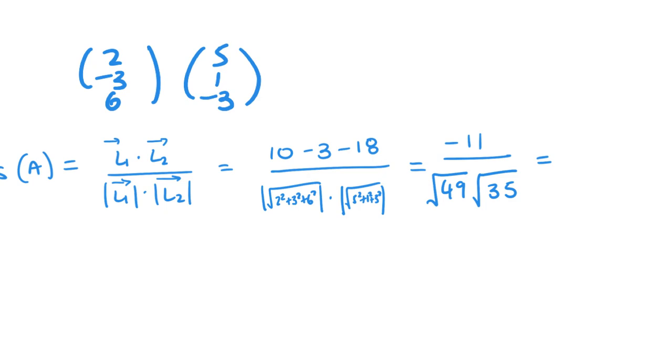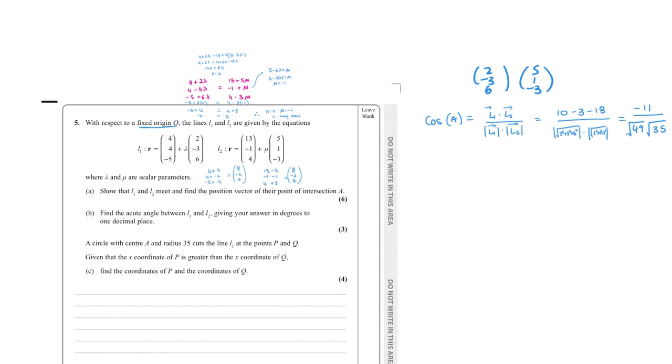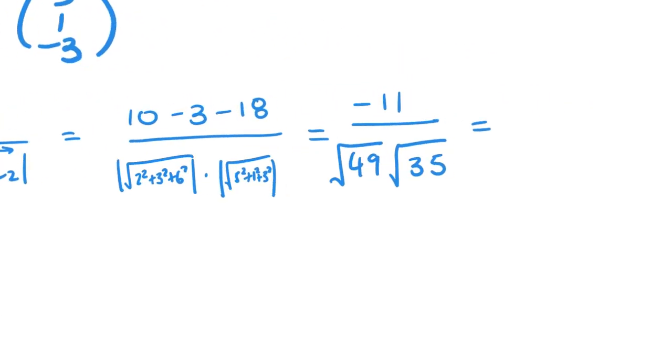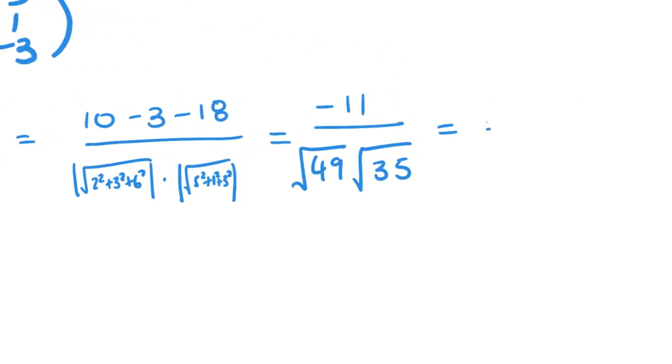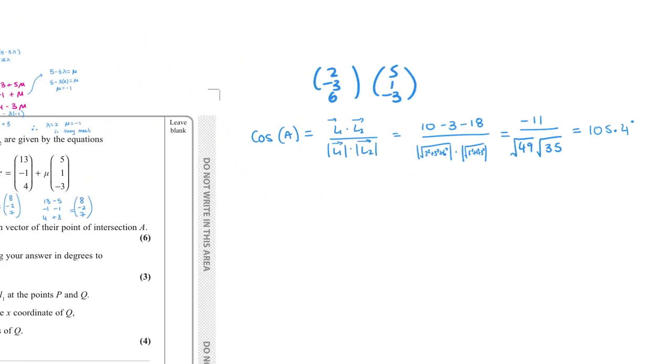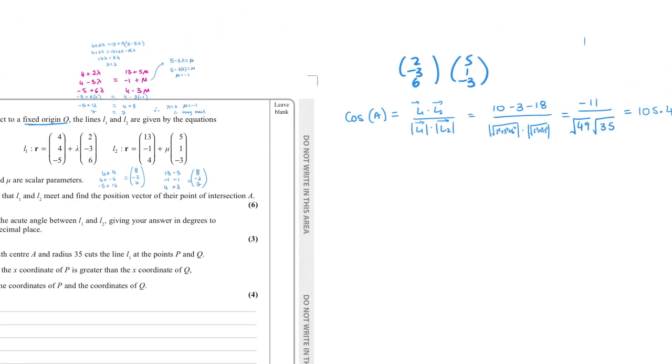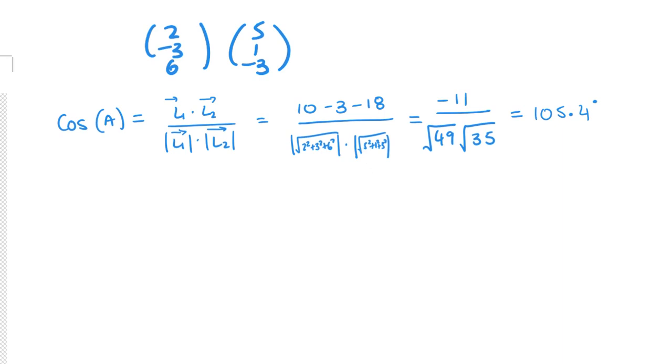So then we're going to have shift cos. Now remember, we want it in degrees to 1 decimal place. So shift cos minus 11 over root 49 times root 35. This is going to give me 105.4 degrees. Okay, the question wants the acute angle.